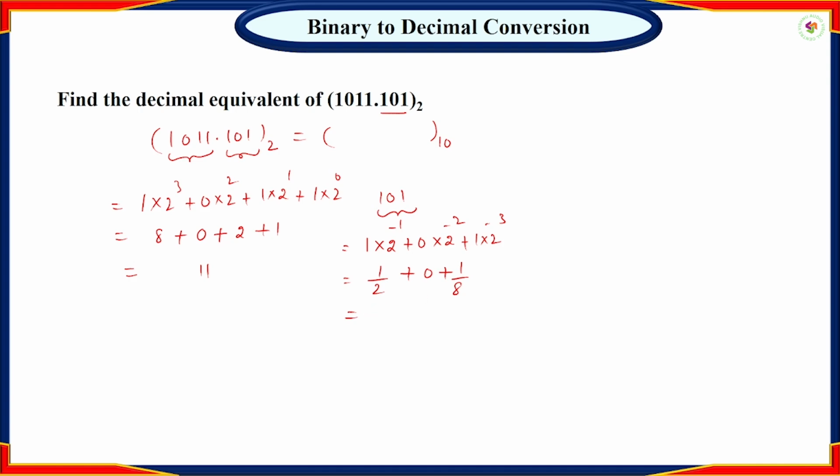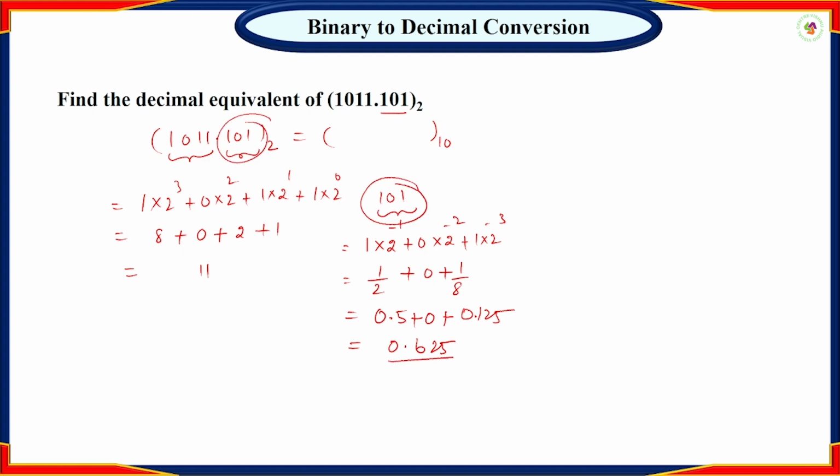So after performing 1 by 2 and 1 by 8, what is the value? 1 by 2 is 0.5, plus 0, plus 1 by 8 which is 0.125. After adding these two, 0.125 plus 0.5, we get 0.625 as the answer for this part.